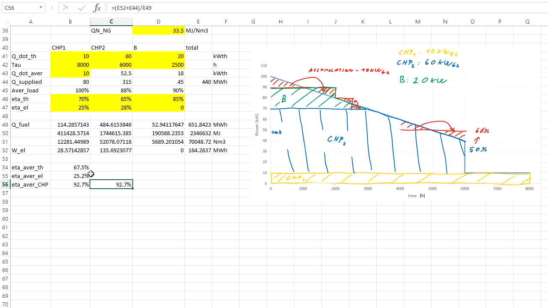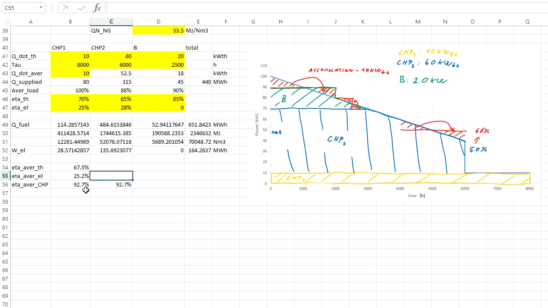So we can see the average efficiency for thermal production 68%, electricity just above 25%, and combined heat and power 93%, which is quite nice because here the sizing went pretty well.